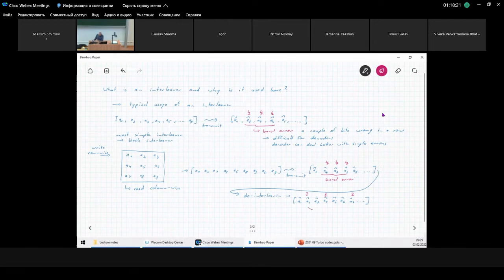So I notice here, this was the goal of our interleaver. The burst error is split up.